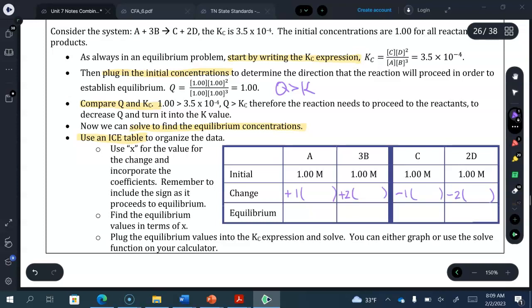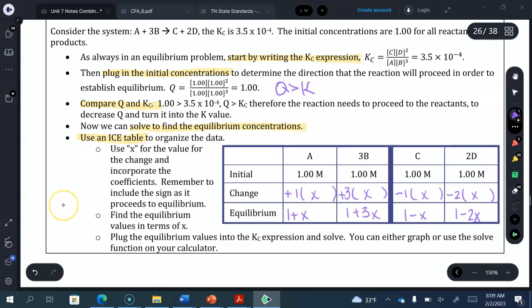Oops, B is 3, not 2. And then in the parentheses is going to be X, because I don't know what that is. So then 1 plus X, 1 plus 3X, 1 minus X, and 1 minus 2X.